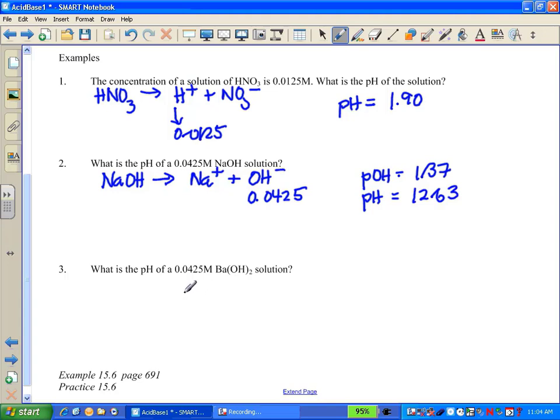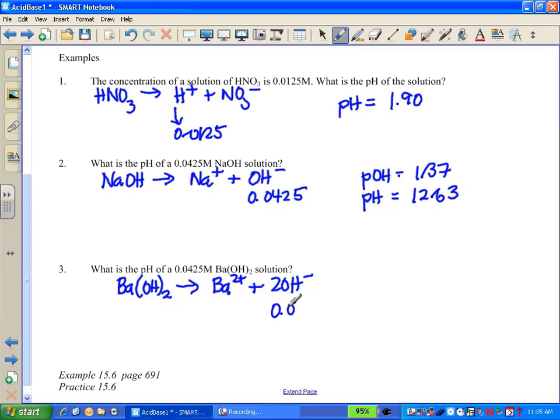In this third example, we've got barium hydroxide. Barium is a member of our big little B. So we know that this dissociates completely, so I get barium 2+. And in this case, I get 2 hydroxide ions. So although the concentration of the barium hydroxide is 0.0425, when it dissociates, the amount of hydroxide in the solution is actually double.